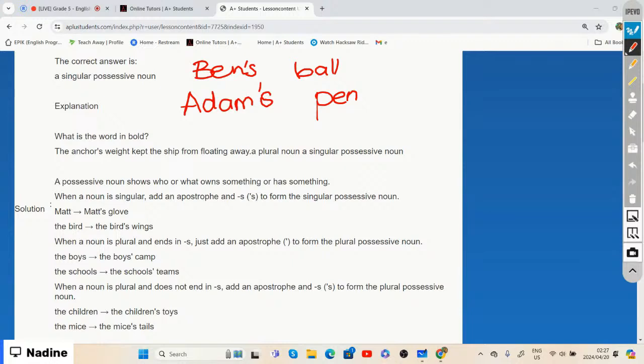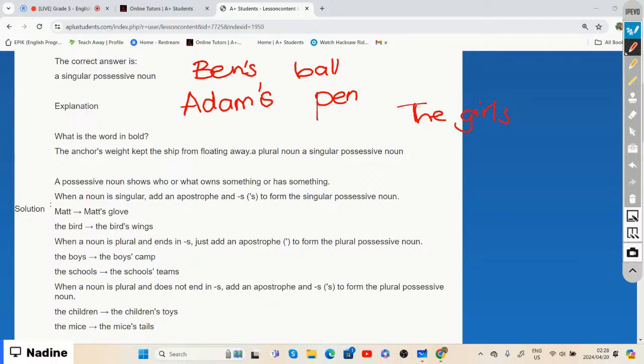But now if we're referring to more than one person, and we're not just saying the girls, with an S, meaning more than one girl.